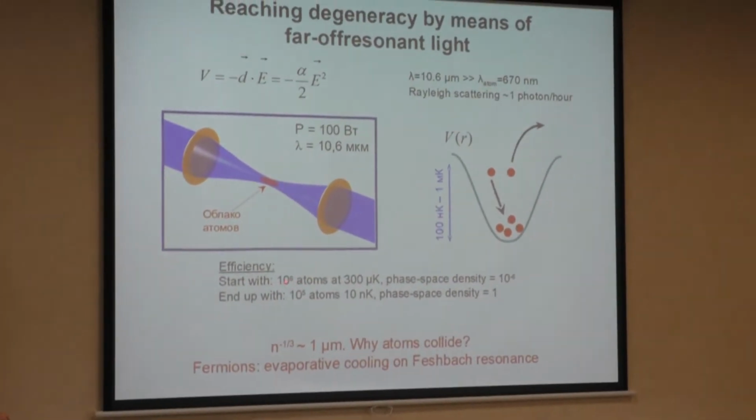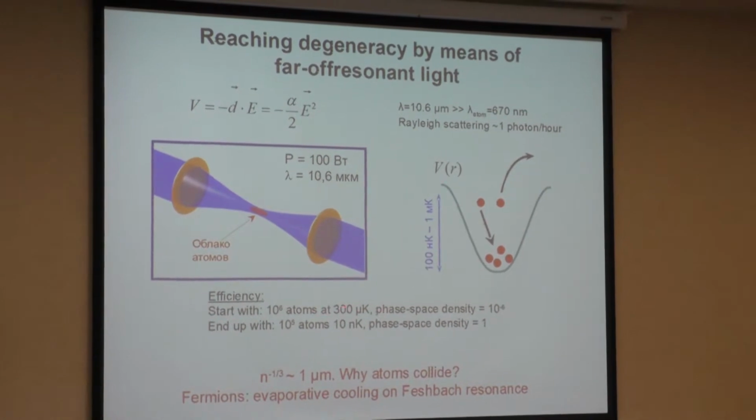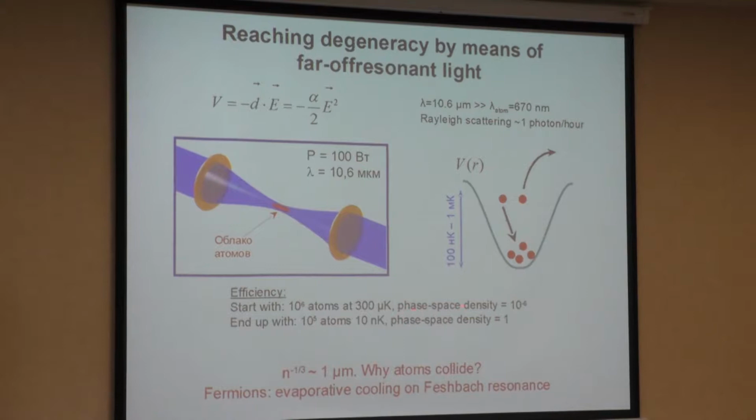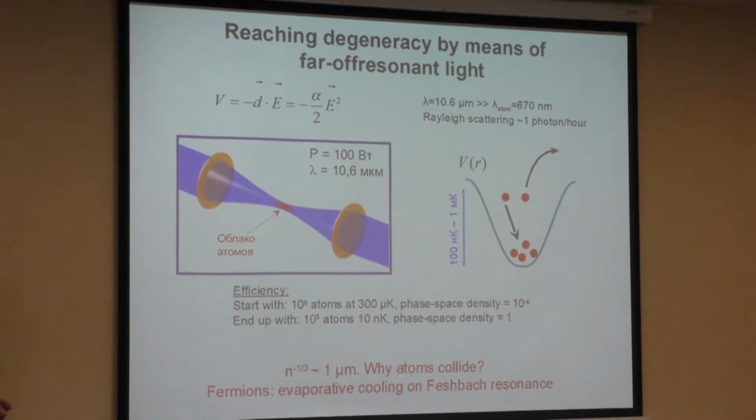Starting with 1 million atoms at 300 microkelvin in such a conservative trap, which gives phase space density 10 to the negative 4, and ending up losing 90% of atoms. It's a high price to lose 90% of atoms. But you get atoms at 10 nanokelvin and with a phase space density of 1.